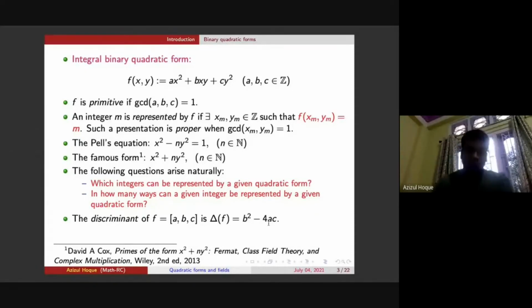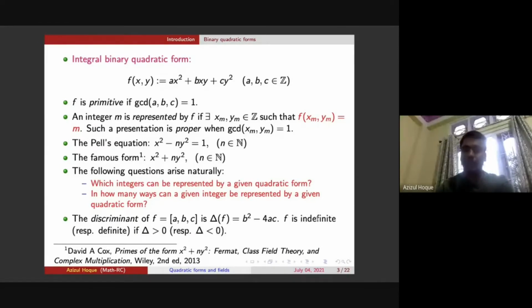Okay, and this binary quadratic form is called indefinite if it represents both positive as well as negative integers. In other words, it is indefinite if the discriminant is positive.